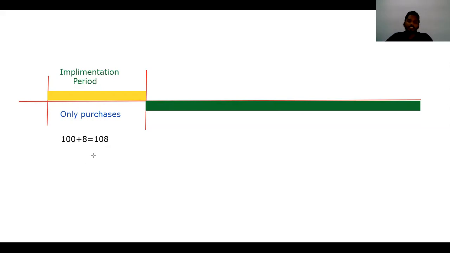In this period they do not have any taxable supply. If they are registered for VAT, they have to purchase under SVAT. Sales, they don't have any sales. And on purchases, they have to pay VAT of 8. Then again, they will end up with a refund. Refund, again 8 million.